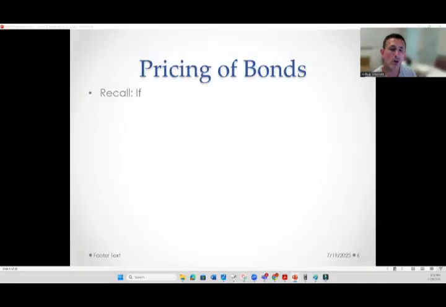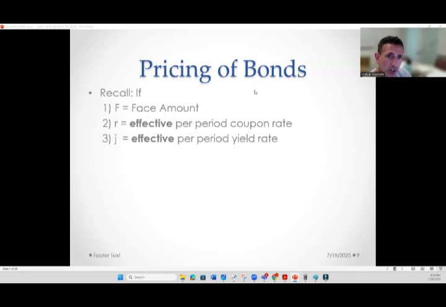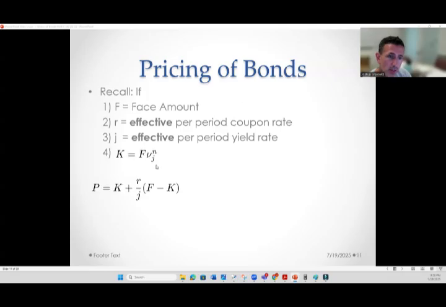All right, what I want to talk about now is what happens when the coupon rate is bigger than the yield rate versus equal versus less than. And this gets into some very, very practical finance and financial terms. So remember, if we have all this information, then Makeham's formula gives me the price.